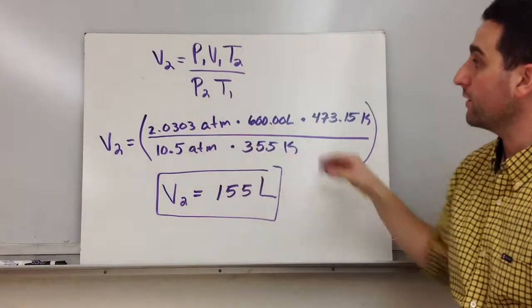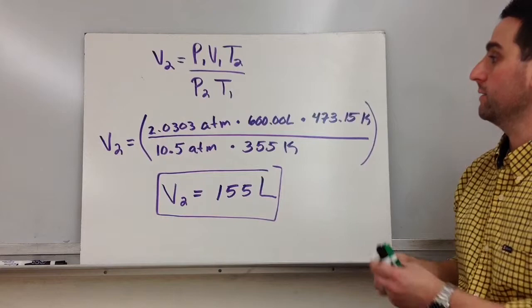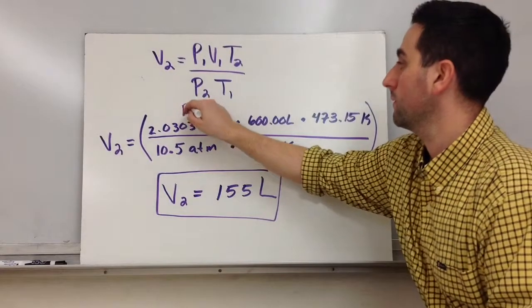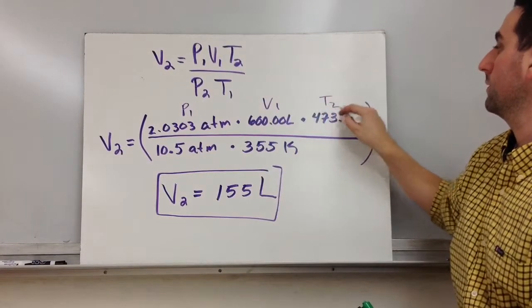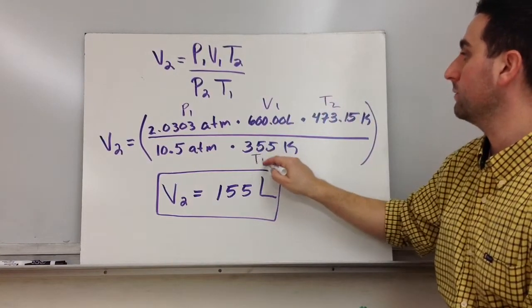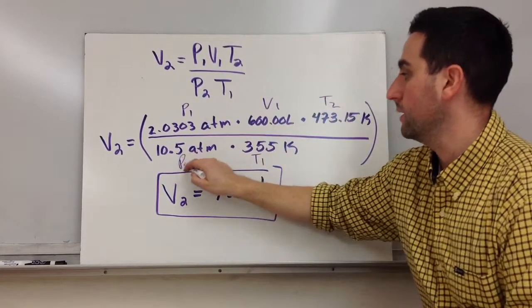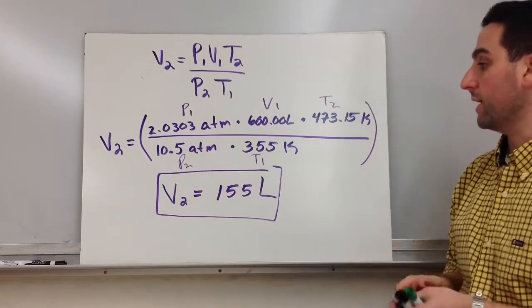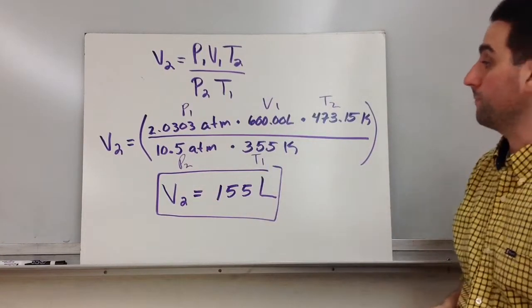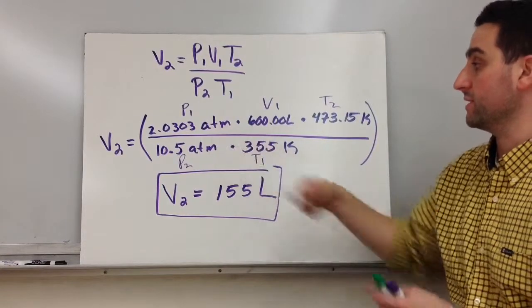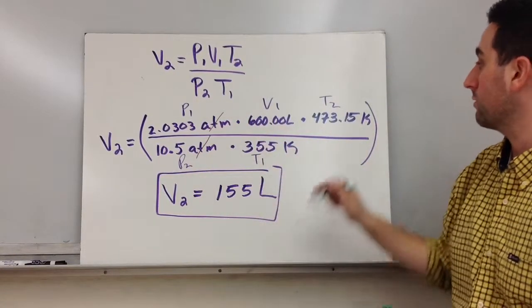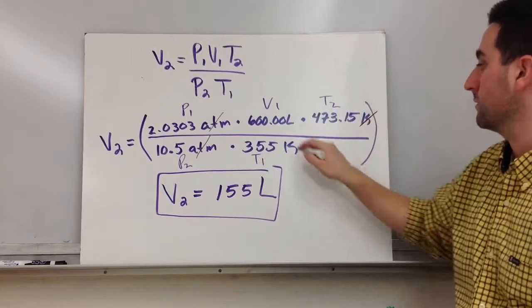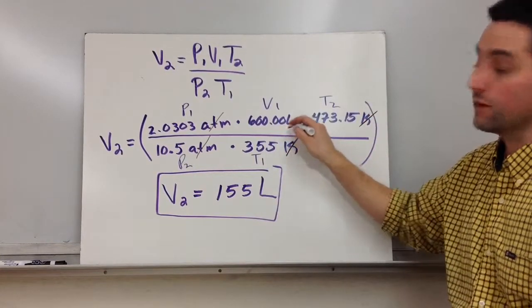So we plug in our values: this is P1, this is V1, this is T2, and this is T1 and P2. Notice by having my units the same, I can cross out my ATMs here. We can cross off the kelvins. And there it is, we're left with liters.